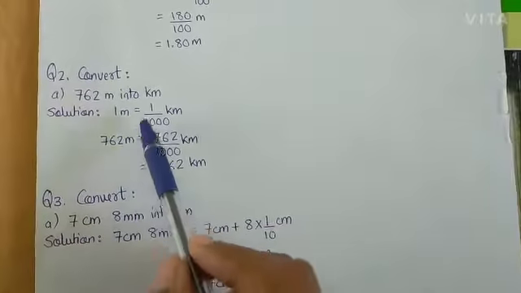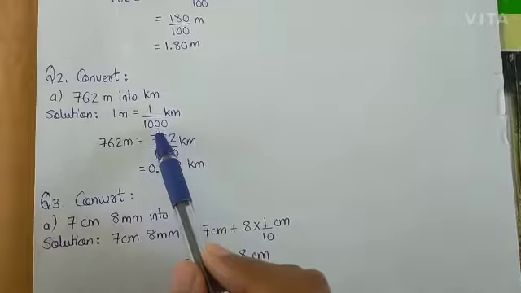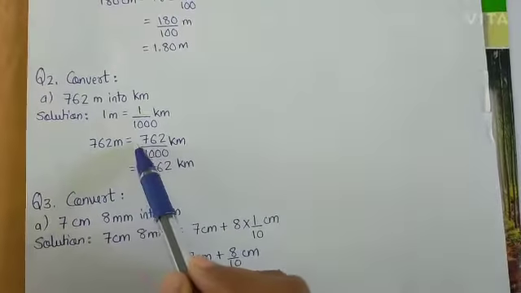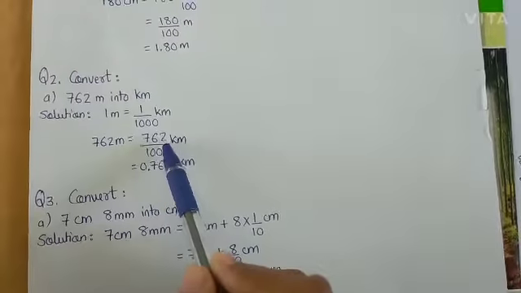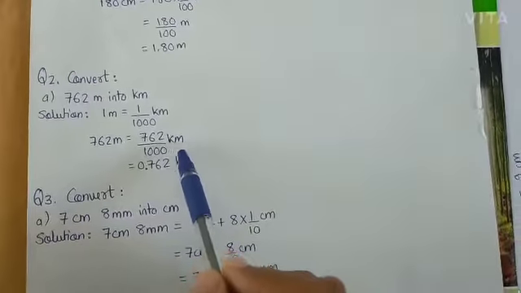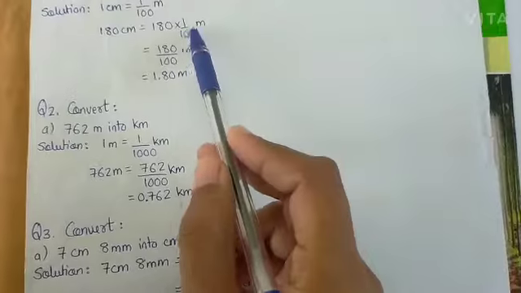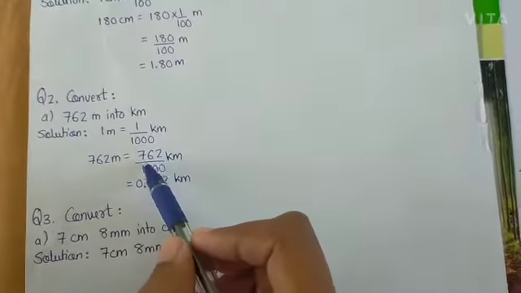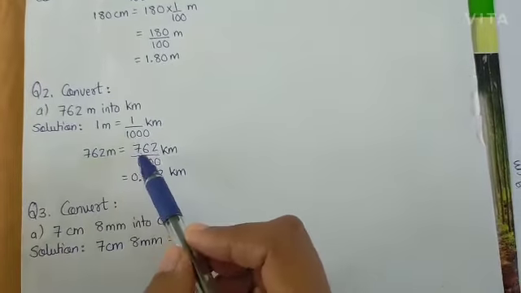Solution. We know that 1 meter is equal to 1 upon 1000 kilometer. So 762 meter will be equal to 762 upon 1000 kilometer.